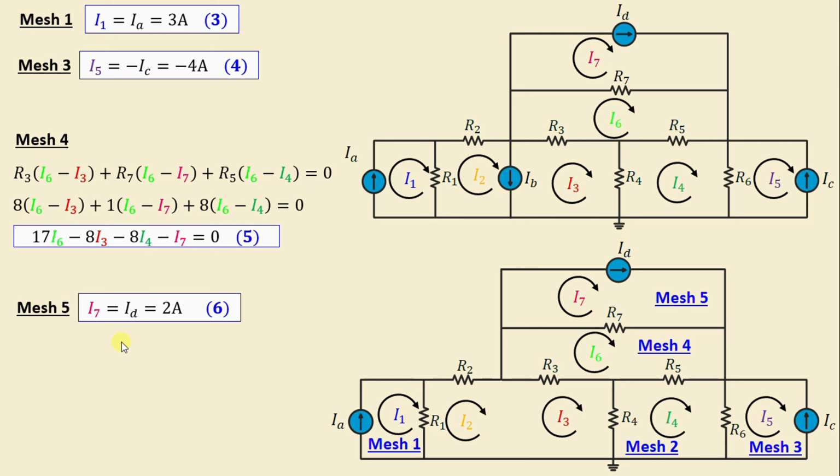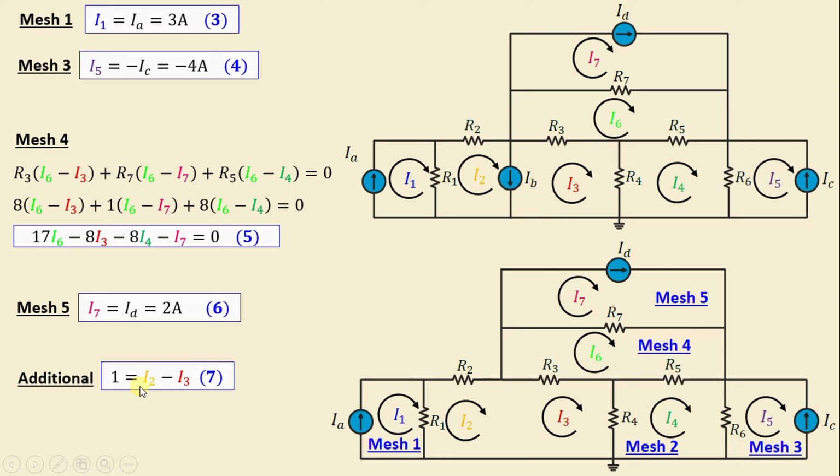We currently have 6 equations with 7 unknowns, which means we require one additional equation to solve this problem. In order to get this equation, let's focus on the current source IB. We can write IB is equal to I2 minus I3. We already know that IB is equal to 1.